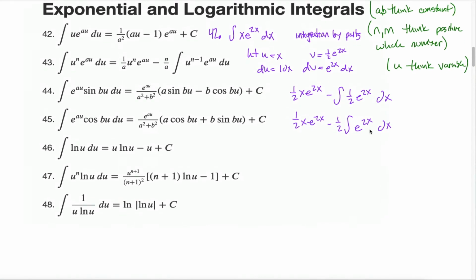And the nice thing about e to the 2x is that's an antiderivative that you can figure out. In fact, we've already done it up here when we said dv was e to the 2x and we had to figure out v. The antiderivative is 1/2 e to the 2x plus c. So when I simplify things a little bit, I get 1/2 x e to the 2x minus 1/4 e to the 2x plus c.